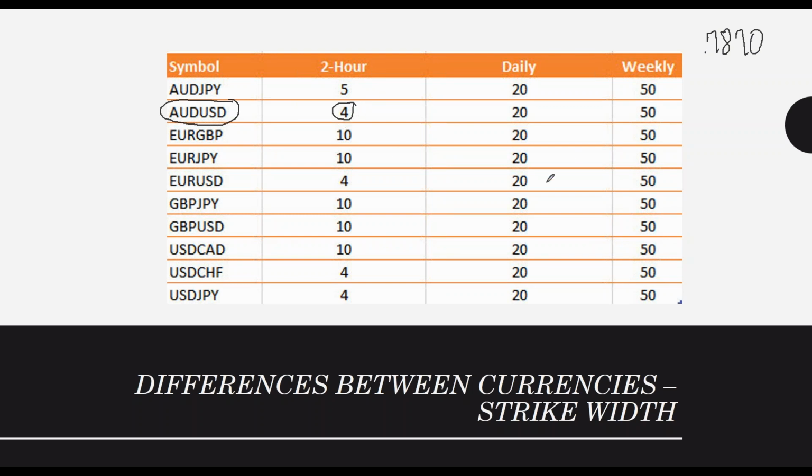In this example, if we have a strike at 78.70, the next strike above would be at 78.74, and the strike below would be at 78.66. This is considered the strike width, okay? So you would have 0.7866 below and 0.7874 above. The difference between these two numbers is 4 pips. Does everybody understand that now?